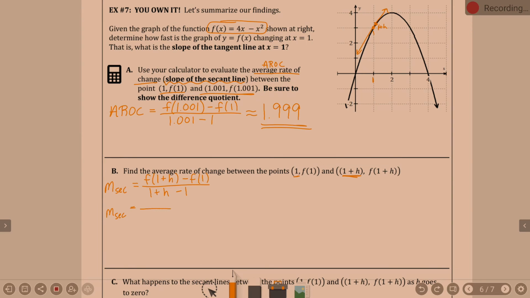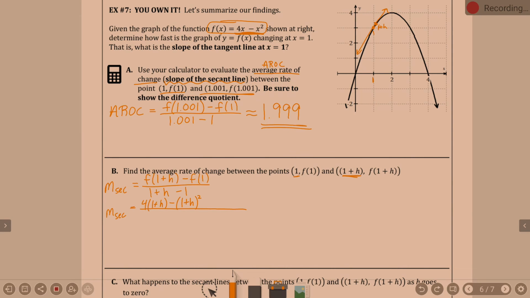F of 1 plus h. What's that going to mean? Four times quantity 1 plus h minus 1 plus h squared. For f of 1 plus h, every place I see an x, we're replacing it with 1 plus h.